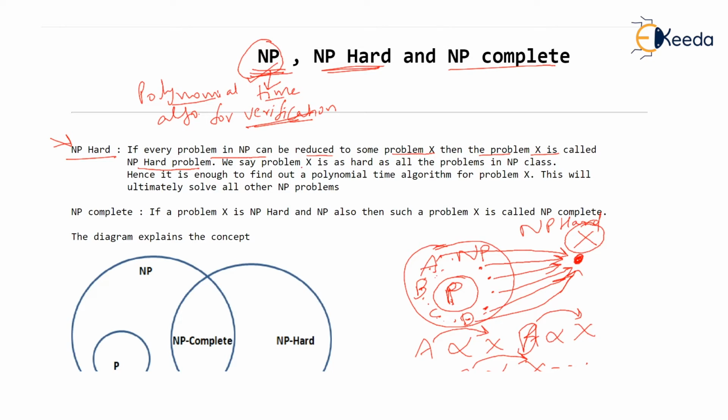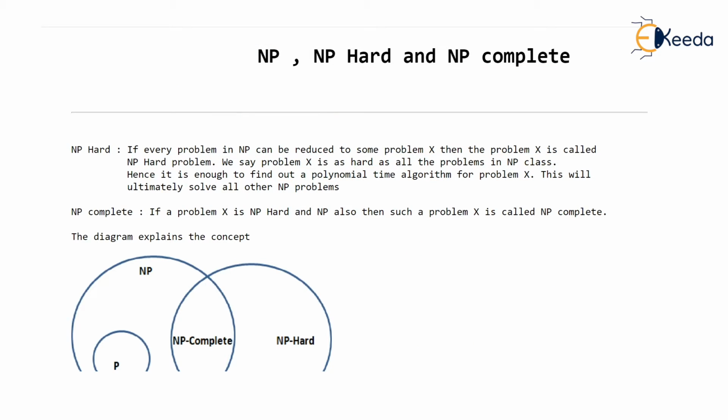We say problem X is as hard as all the problems in NP class. Hence, it is enough to find a polynomial time algorithm for problem X. This will ultimately solve all other NP problems, because if you find a solution for problem X, then you have ultimately found a solution for all the problems. Isn't it so? Very interesting.